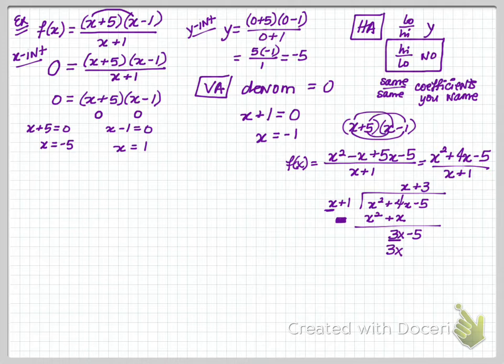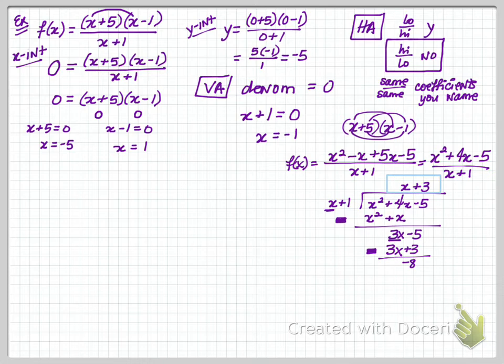And again, we only did part of it. 3 times 1 gives us 3. So we put that 3 under there. And we've got a big fat minus, just like in long division. -5 minus 3 is -8. We can't go any farther. Our entire slant asymptote is x plus 3.